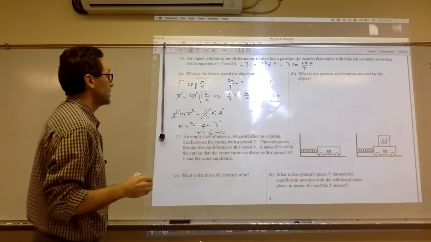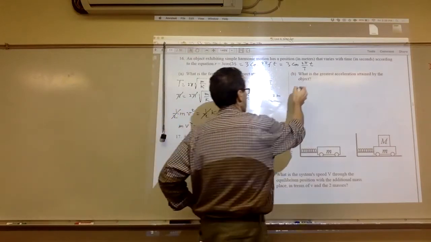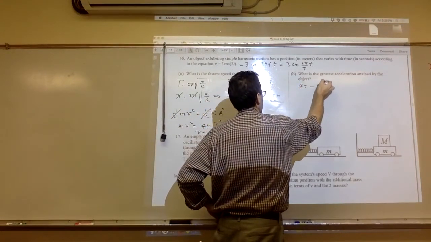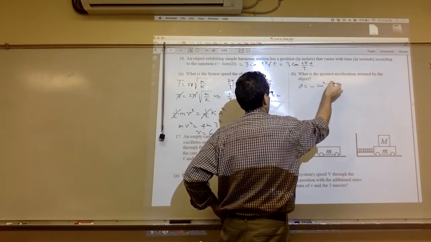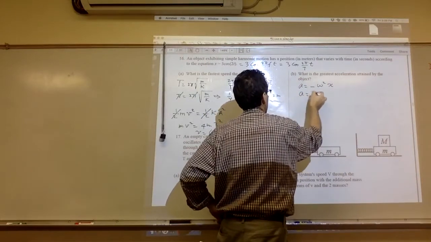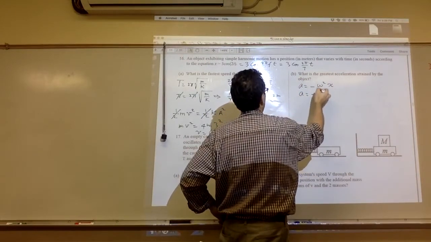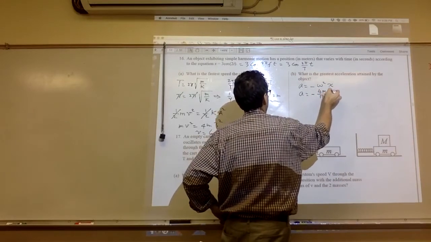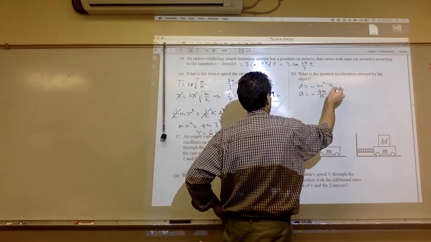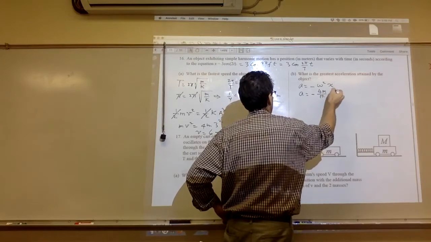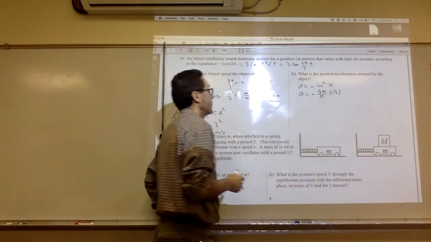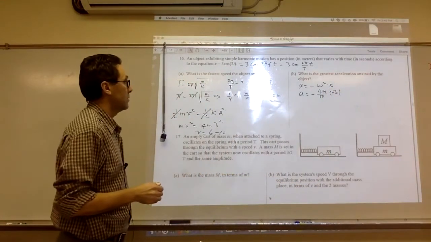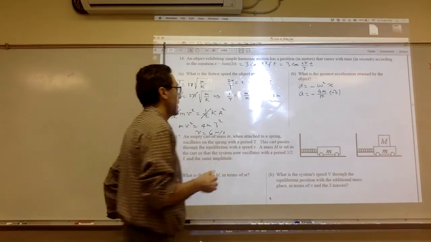The greatest acceleration, I think we can just do a equals negative omega squared times x, which means a equals negative k over m times 3. Technically it should be negative 3, but actually it doesn't matter.